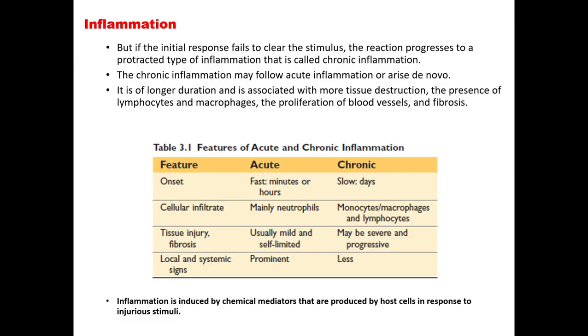Here we have the features of acute and chronic inflammation, a comparison between acute and chronic depending on the onset, cellular infiltration, type of cell, tissue injury and fibrosis, and local and systemic signs. Inflammation is induced by chemical mediators that are produced by host cells in response to the injurious stimuli.